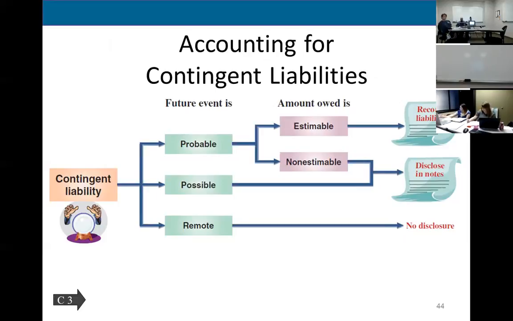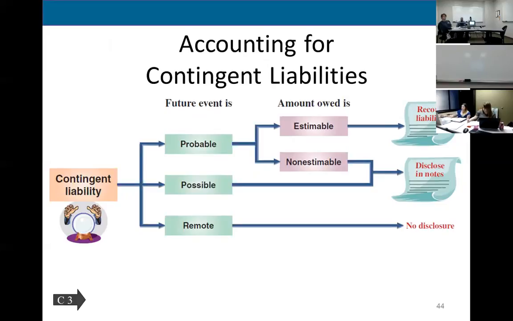Accounting for contingent liabilities is going to depend on the likelihood that the event will occur and the ability to estimate the future amount owed if this event occurs. Three different possibilities are identified in this chart. We see the recording of the liability, the disclosure in notes, or no disclosure.